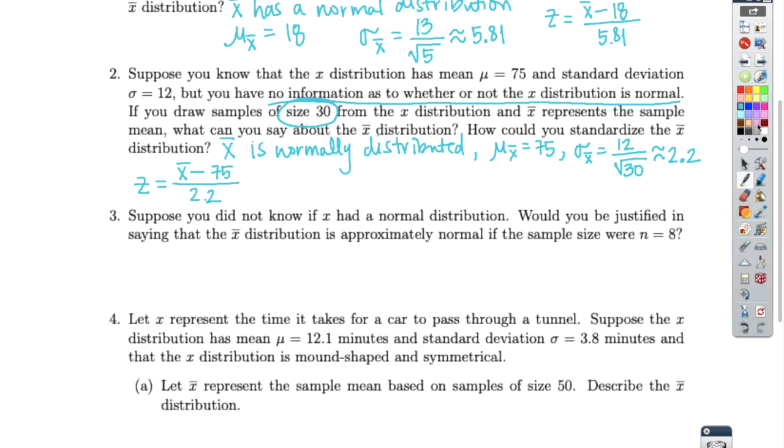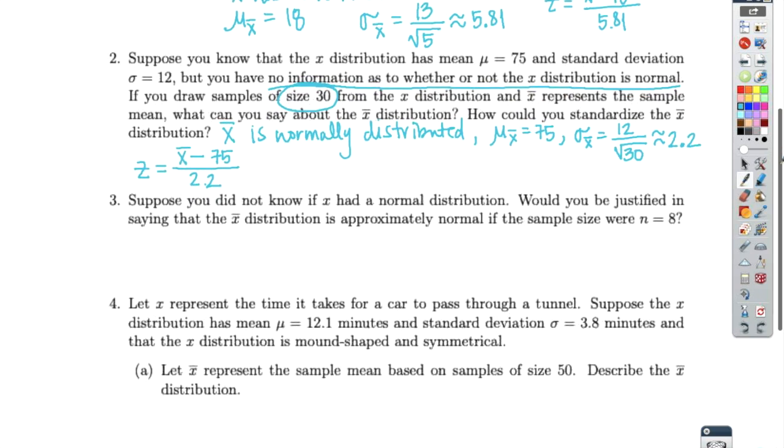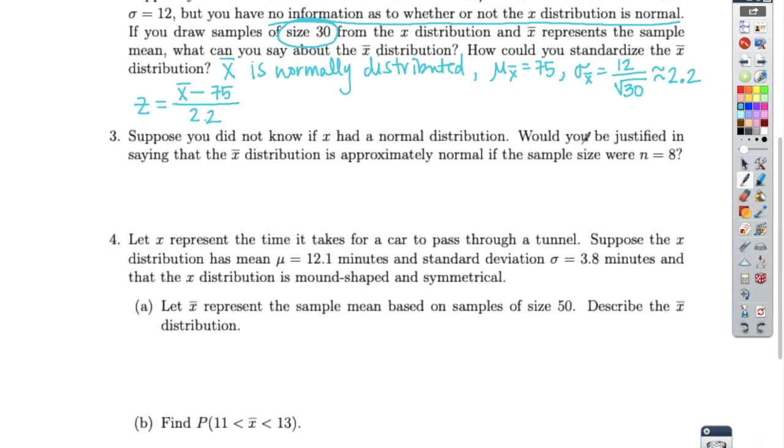Number 3, suppose you did not know if x had a normal distribution. Would you be justified in saying that the x bar distribution is approximately normal if the sample size were n equals 8? Well, if you don't know anything about your original distribution, you cannot say that the x bar distribution is normal unless you have that greater than or equal to 30 criterion met, and 8 is certainly not greater than or equal to 30.